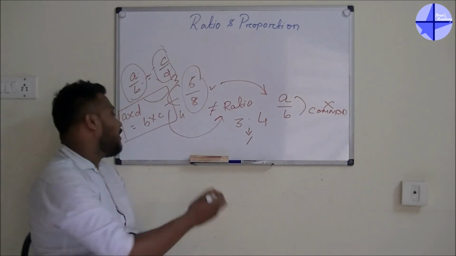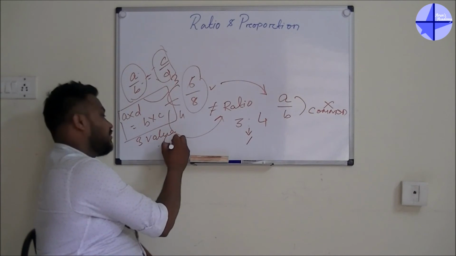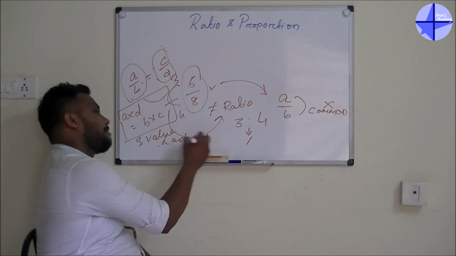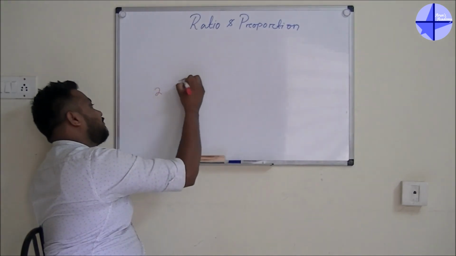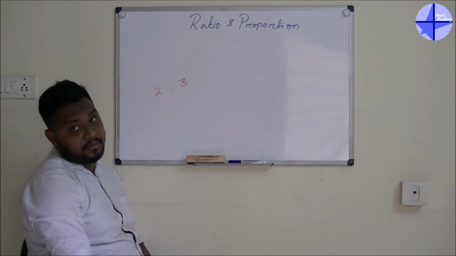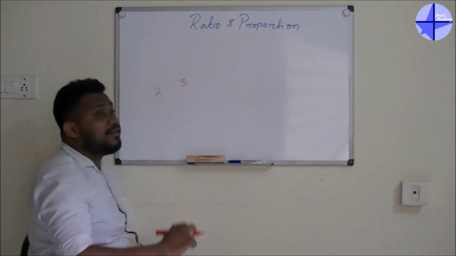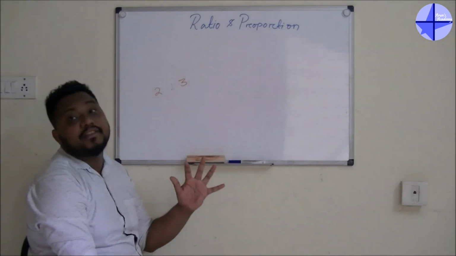What is the use of it? Whenever you have three values, you can find the last one. Let's say one ratio is given, that ratio is 2:3. If someone asks you to find the amount, always remember, whenever you are going to find the amount, you have to multiply one variable with the ratio.